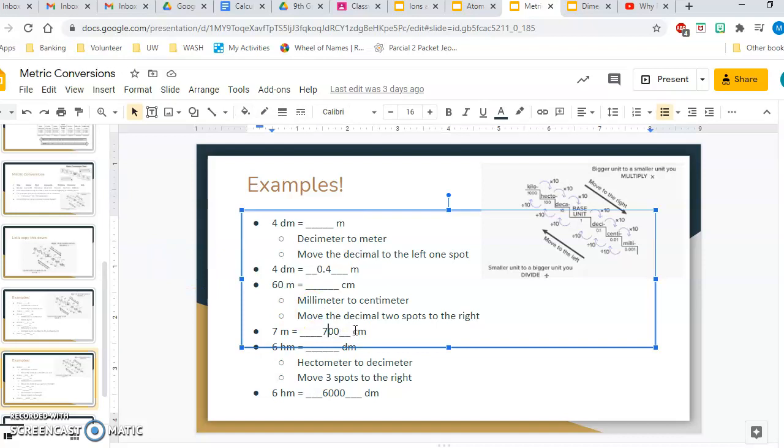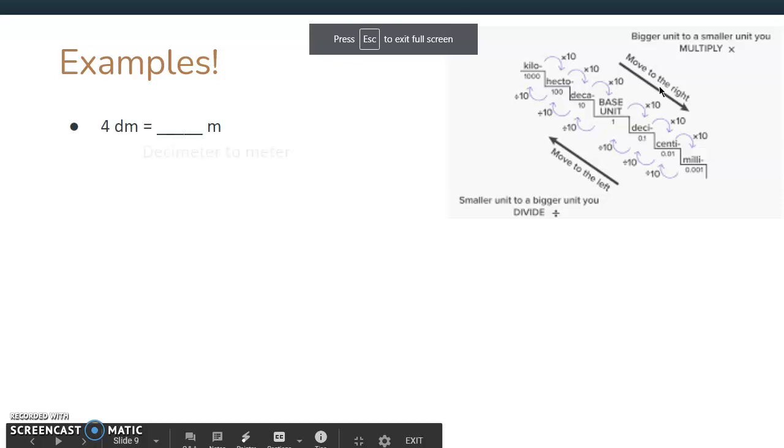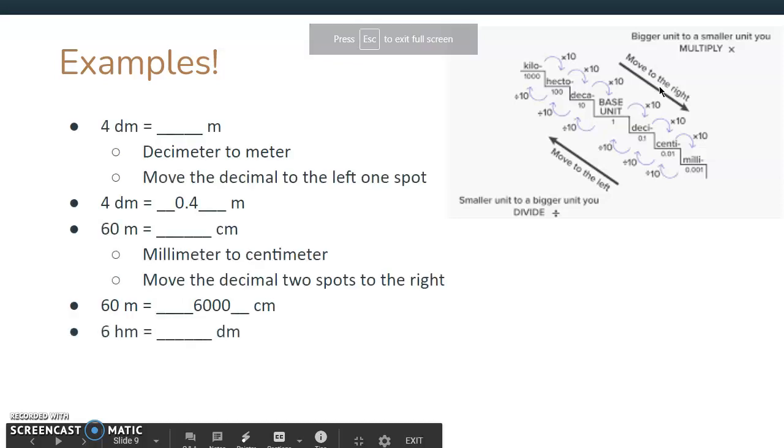So we started with 60 meters and if we're going to move to the right, we'd end with 6,000. So we're multiplying by 10 to add a 0, and we're going to multiply by 10 again to add another 0. So we're going to add 2 zeros to what we started with.